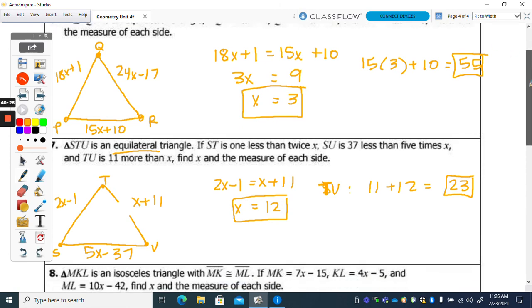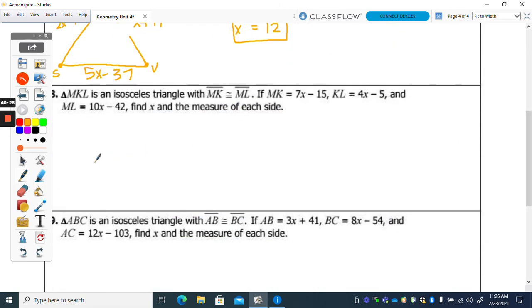Number 8 is an isosceles triangle, meaning that two sides are equal. So I'm going to say this side and this side are equal. So MK and ML are congruent. MK is 7x minus 15.